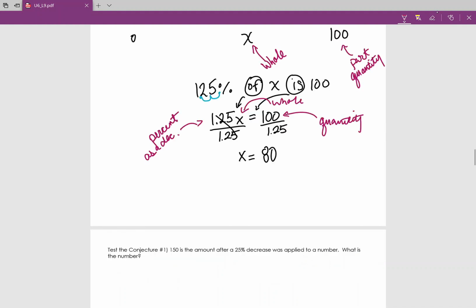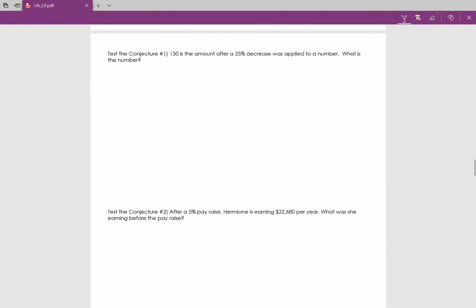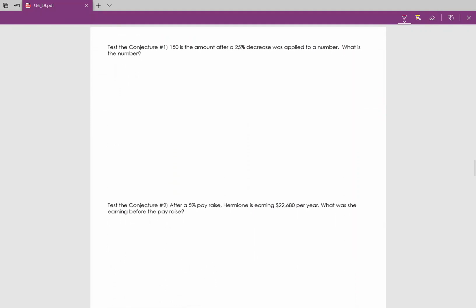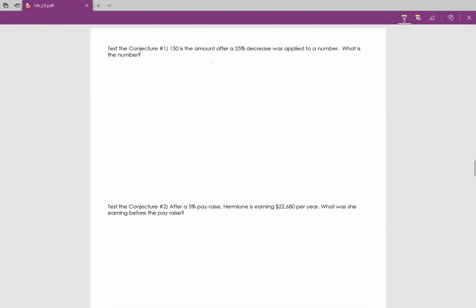And now that we have our conjecture, we can start testing conjecture number 1. 150 is the amount after a 25% decrease was applied to a number. What is the number? So how can we apply our conjecture to this problem? We can use the formula.